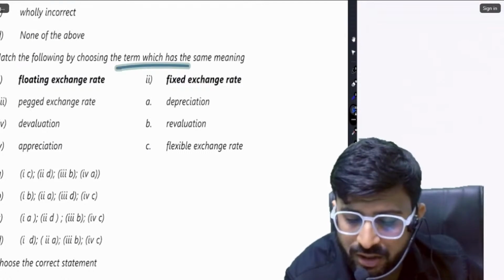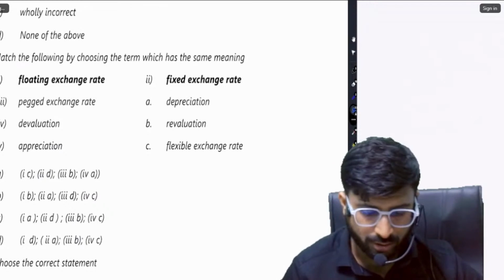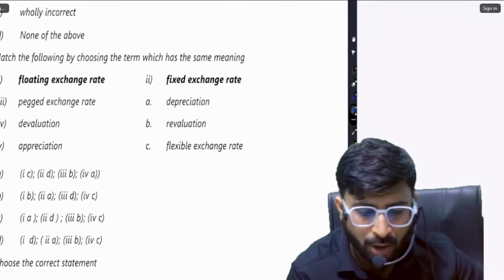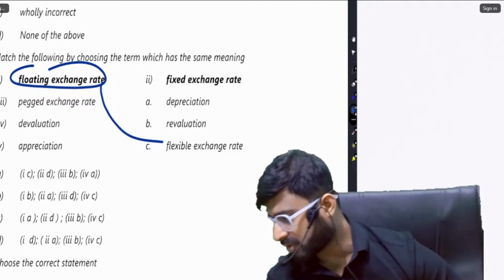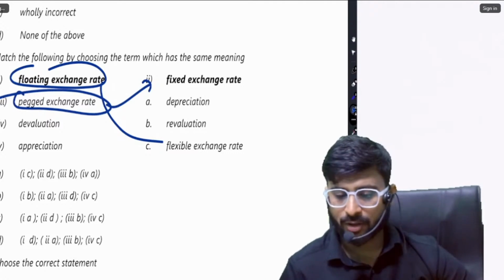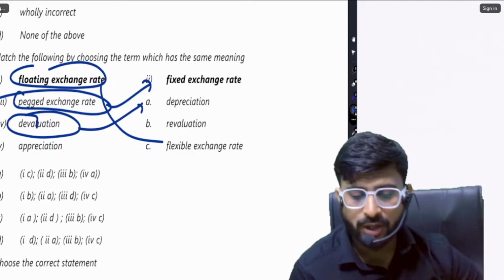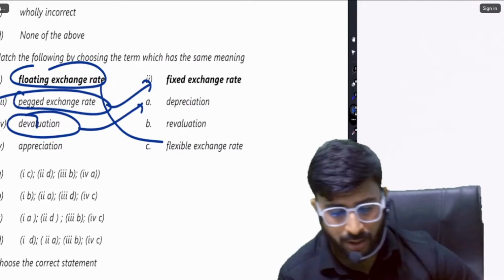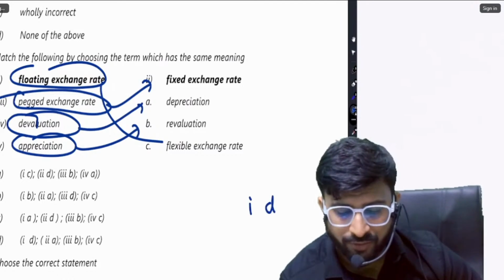Match the following by choosing the term which has the same meaning. Same meaning terms we will have to match. Floating exchange rate is the same as flexible exchange rate system. Okay, that's correct. Peg means fixed exchange rate. Devaluation is similar to depreciation, right? And depreciation is similar to revaluation. So my answer would be one.